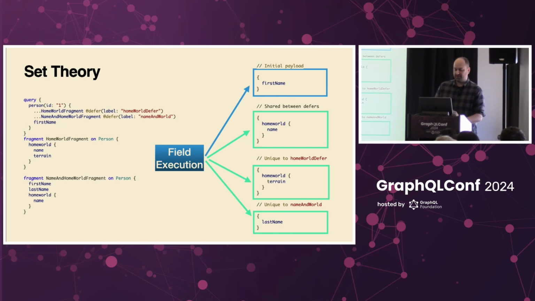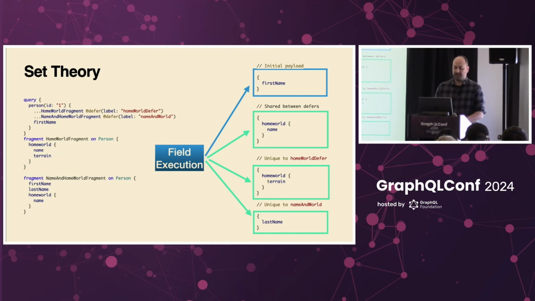when the GraphQL server collects fields, we have to take note of which field belongs in which set of deferred fragments. So the first step is to separate out fields that are in the initial payload, and then we make sure that they're not going to be included in any of the deferred executions. And then we make a group for each defer and include the fields that are only in that defer.